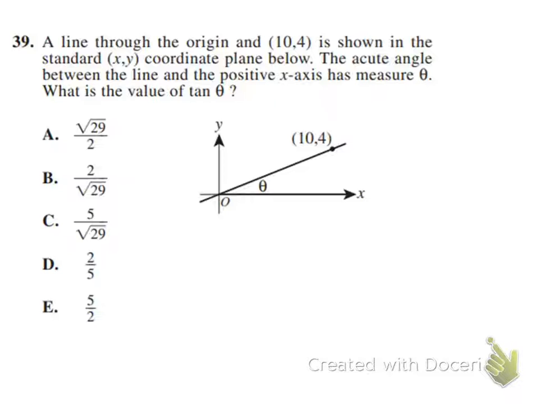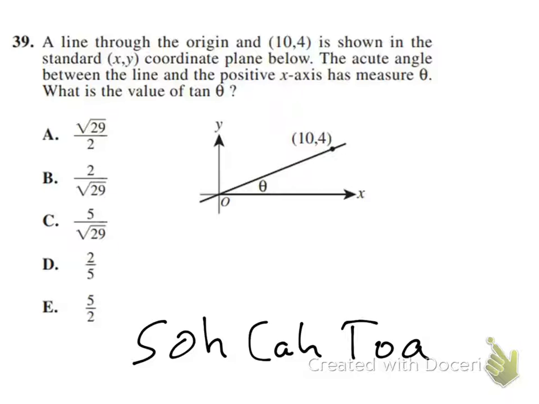Next question. A line through the origin and 10 over 4 is shown below. The acute angle between the line and positive axis has a measure of theta. What is the tangent of this angle? Tangent of this angle. All right, so you need to know, for this problem, good old SOH-CAH-TOA. Tangent is the opposite side, opposite leg divided by the adjacent leg.